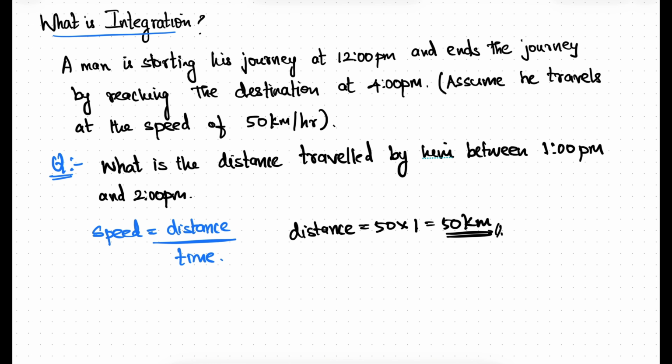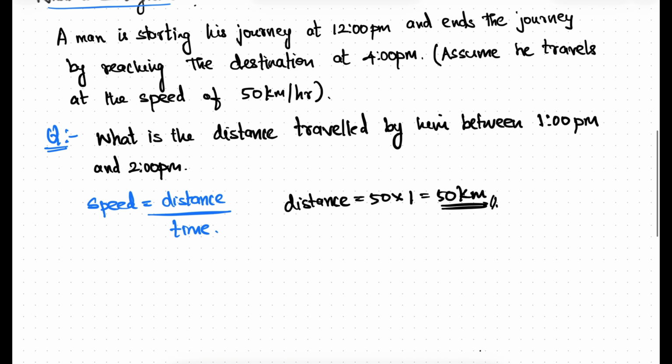Now, we are going to try to solve this problem in a different manner. They have given us the velocity, which is 50. Now, velocity can be written as a function.